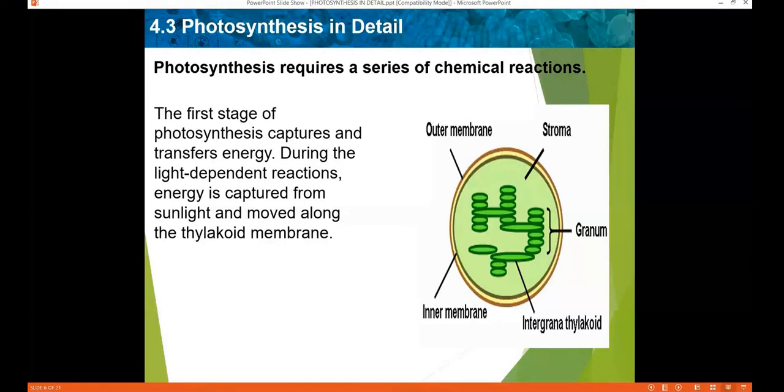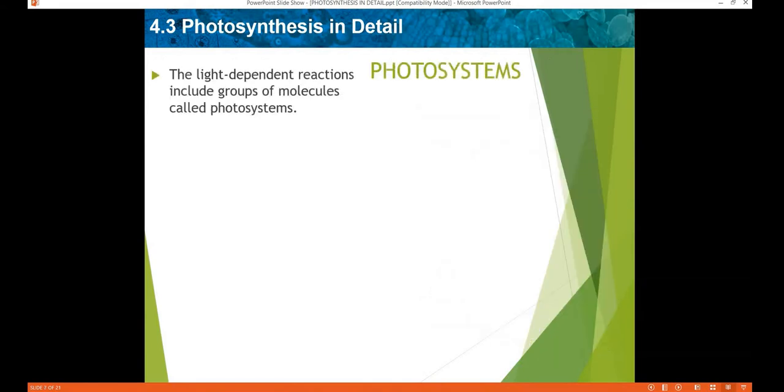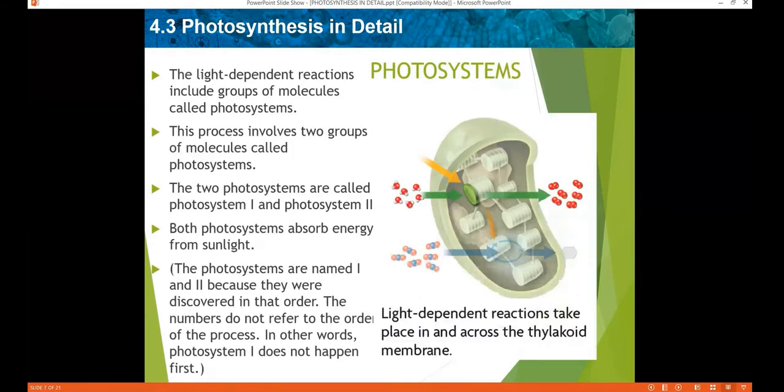That is why the meaning light-dependent. Why? Because they need energy for these light-dependent reactions, and the energy, it is captured from the sun. From the sunlight, they get the light energy. Okay, so we'll first discuss about the first stage of photosynthesis as to how it captures and transfers the energy.